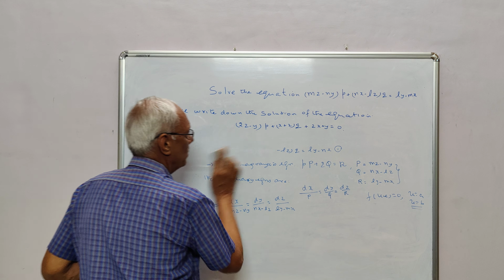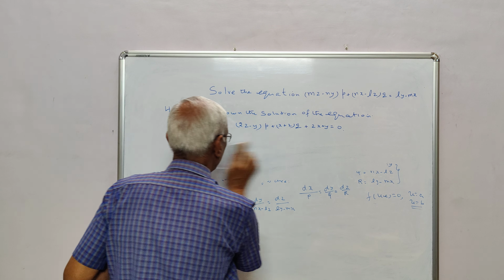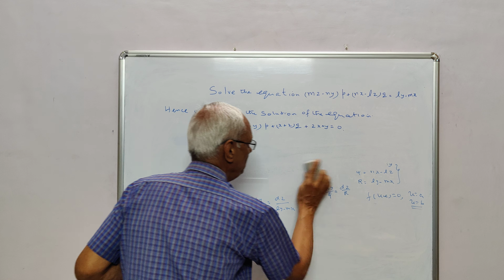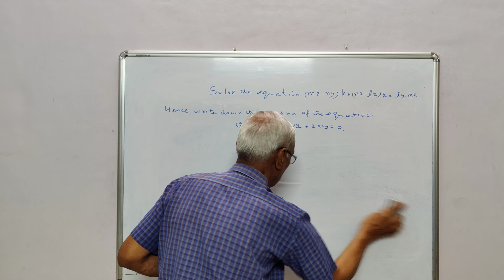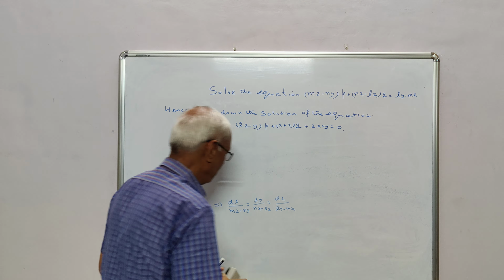Okay, now what is given here? We have this, dx by mz minus ny.